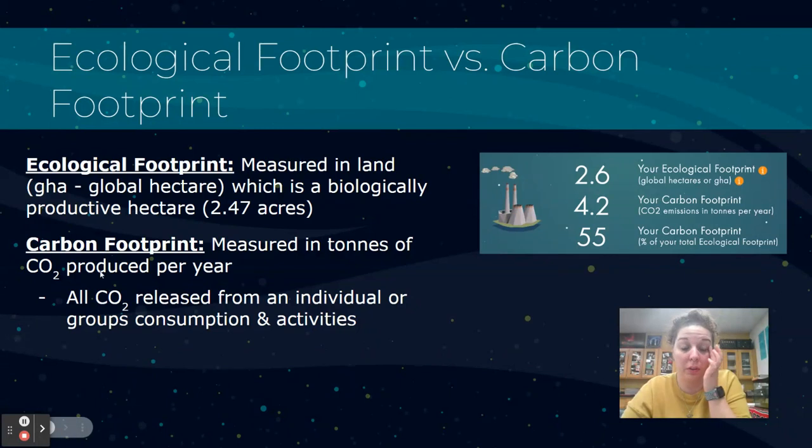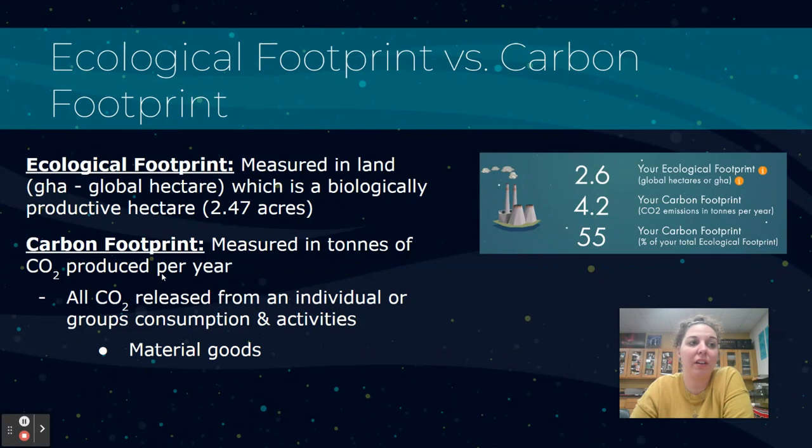So when we look at our carbon footprint, we're just looking at all the carbon dioxide that's released from an individual or a group's consumption or activities. And we've got to think of a lot of different things here. With material goods, we have to think about the shipping process, packaging, manufacturing, all those things.